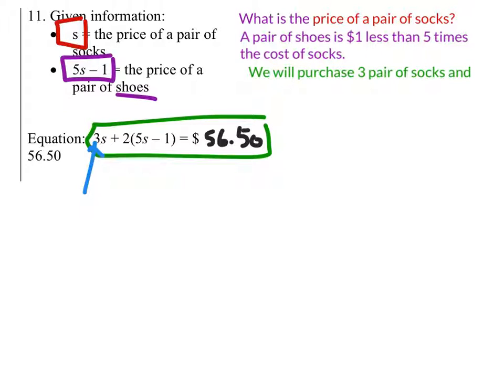And in addition to that, it's 2 times the 5S minus 1 in parentheses, which means we're going to get 2 sets of shoes. And 2 sets of shoes is that price, which we have up there, $56.50. Bam. There's our sentences. We can't really just say that the price of a pair of socks and shoes is $56.50 because it shows 3 pairs of socks and 2 pairs of shoes. We do need to specify that in our sentence.